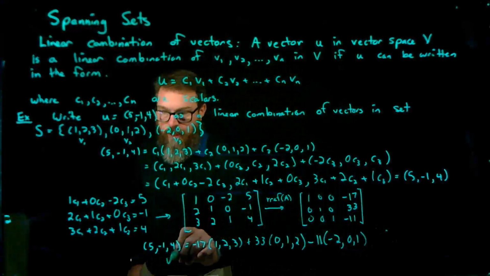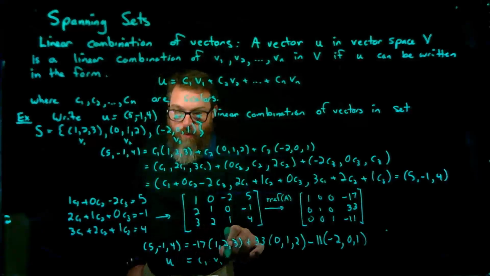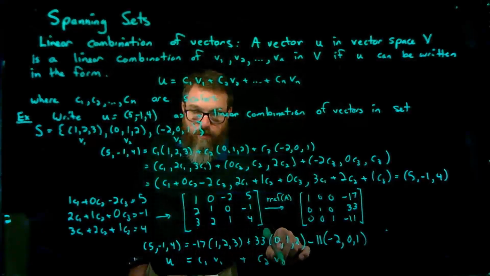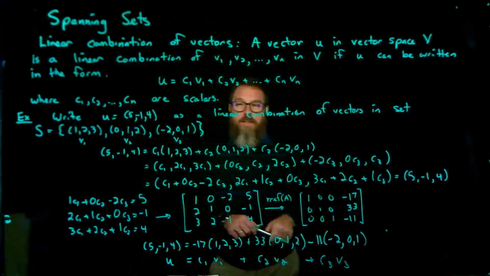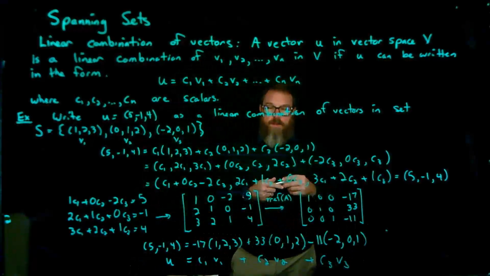Or, like I said, U is equal to C1 V1 plus C2 V2 plus C3 V3. So I can write it as a linear combination of those other vectors.